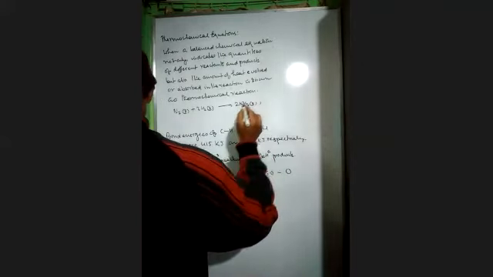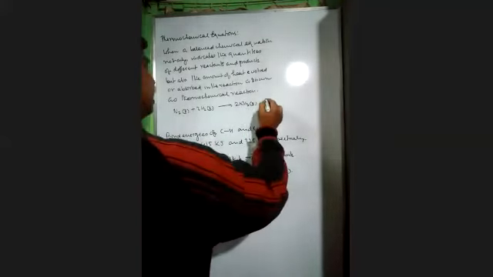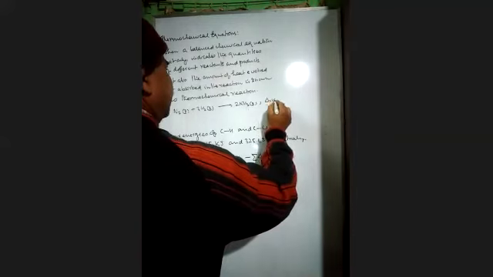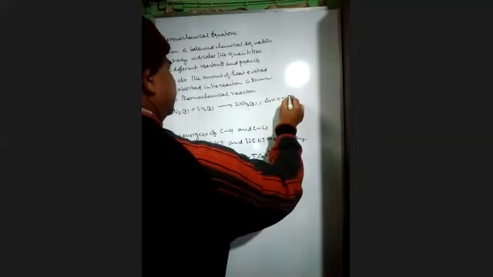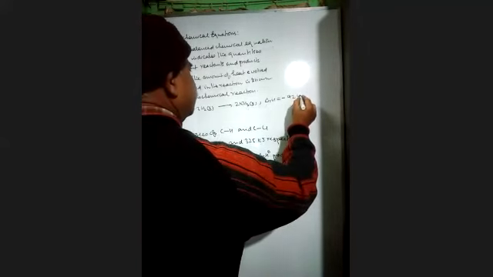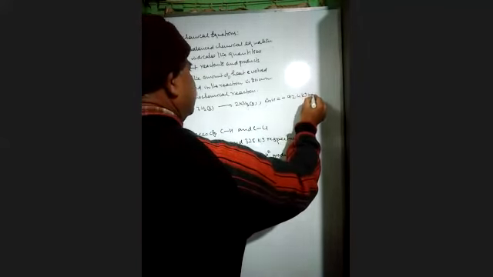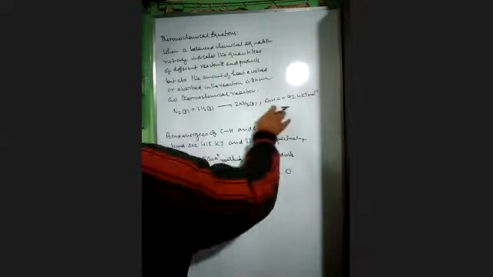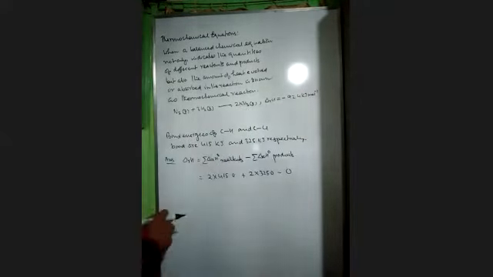Here you find delta rH is equal to minus 92.4 kilojoule mole inverse. So when you write this one completely, then we call it a thermochemical reaction.